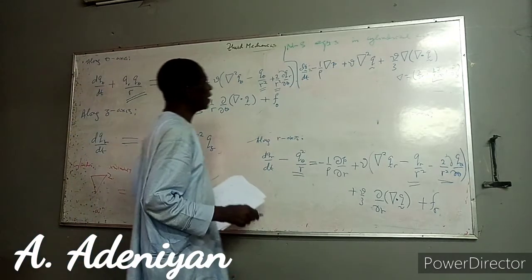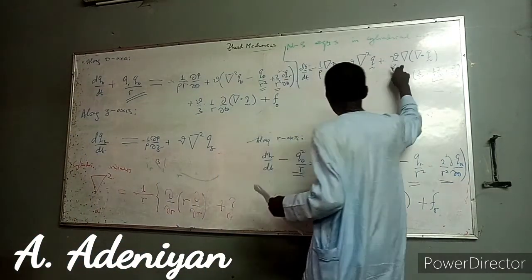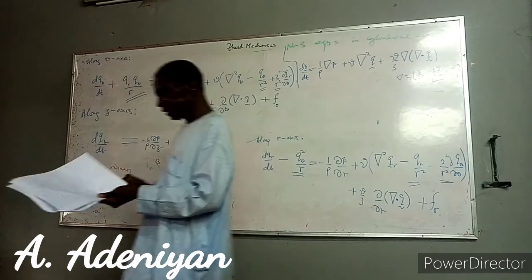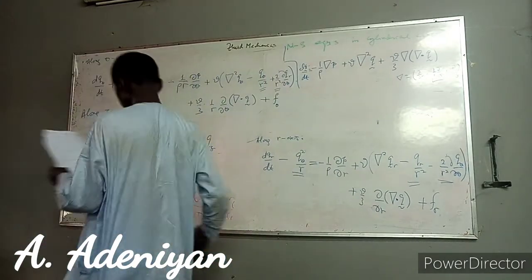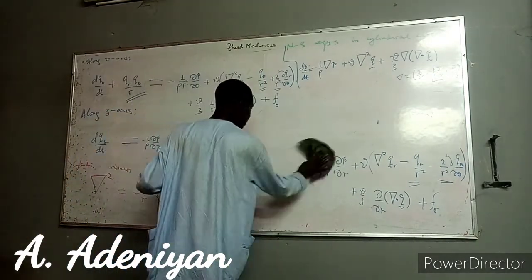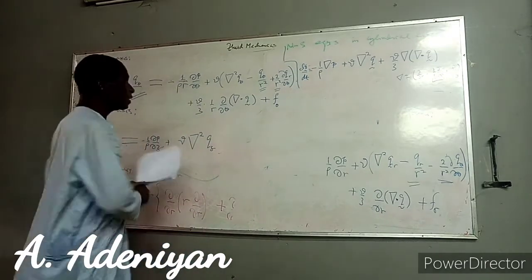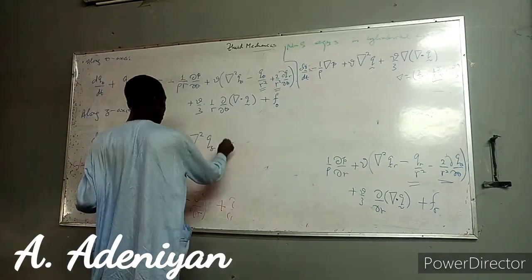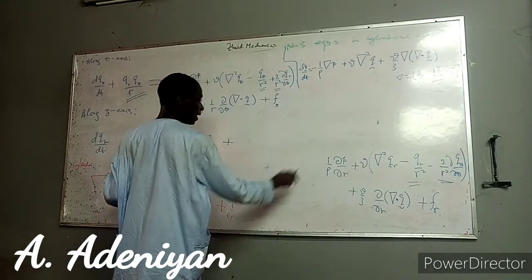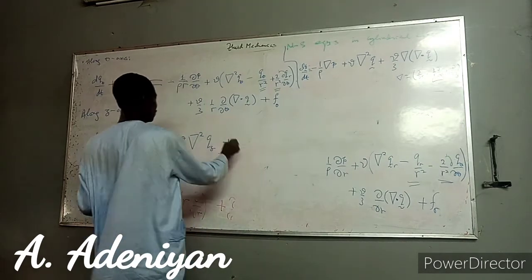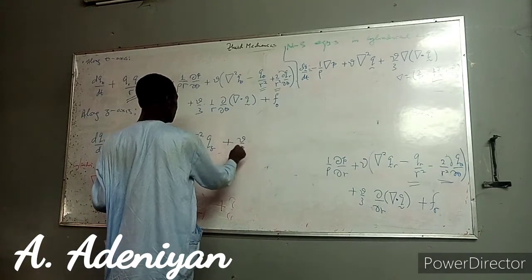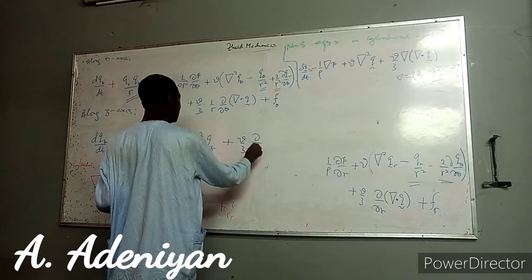This part. So this part is now what? The incompressibility part, just add plus 1/3, just like the other, 1/3 of, that is mu upon 3, d/dz of what?